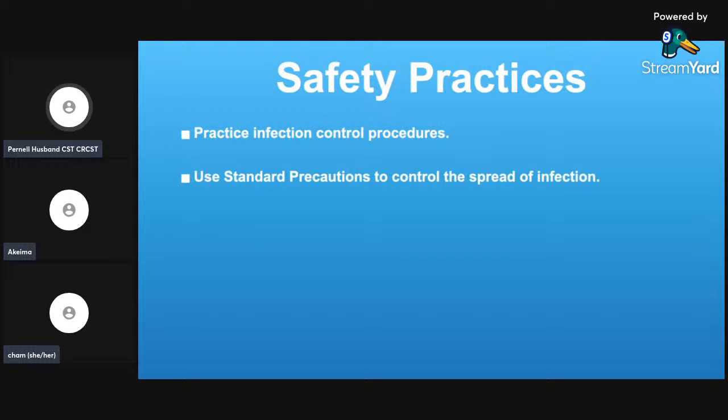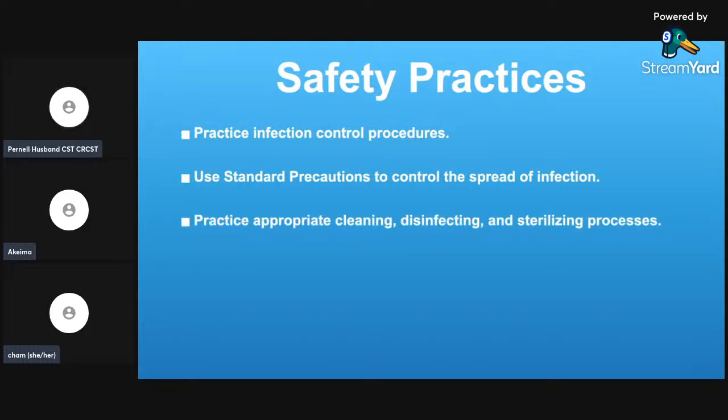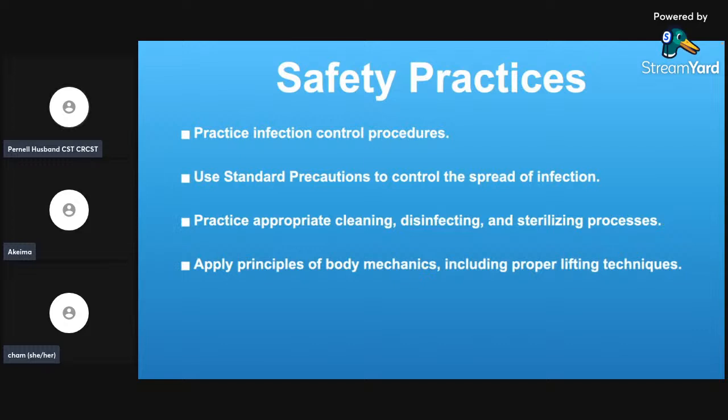So we use what are called standard precautions to control the spread of infection, and we'll get into that later on. We practice appropriate cleaning, disinfecting, and sterilizing processes. There are some very strict protocols on how all of this is supposed to be conducted, and we need to follow it, or we're not decreasing the opportunities for disease to spread.